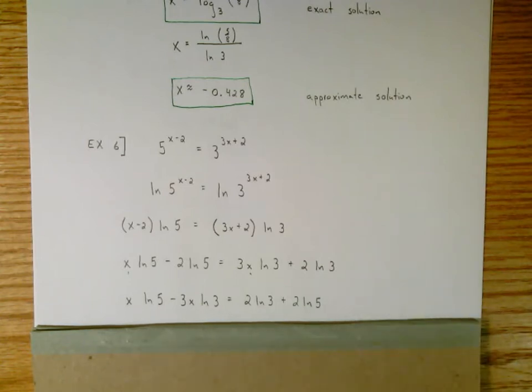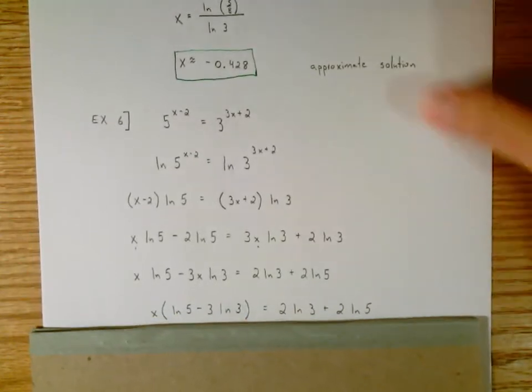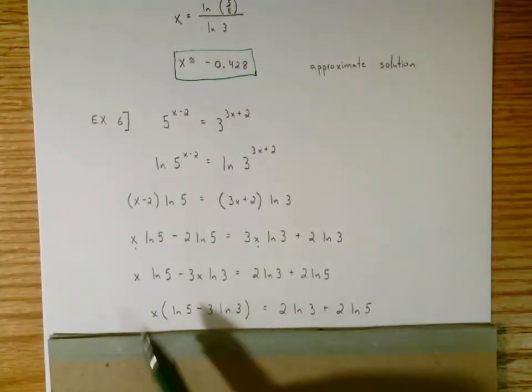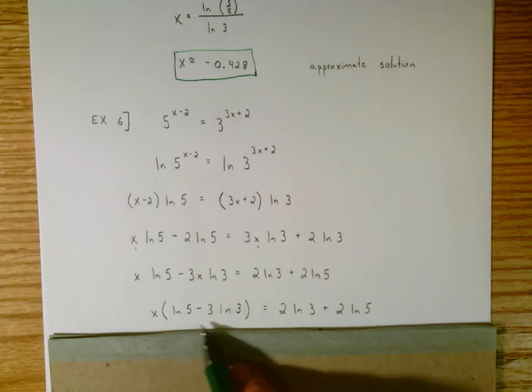I hope your answer was either distributive property or to factor out x. Those would be the same idea. So I'm going to use the distributive property to factor this x out of both terms on the left-hand side. So now I have x times this difference of logarithms equals my right-hand expression.